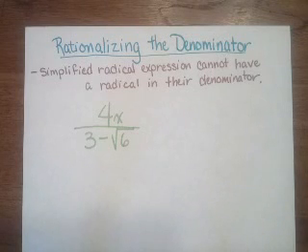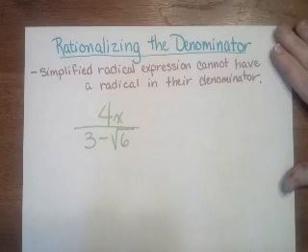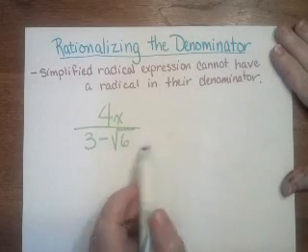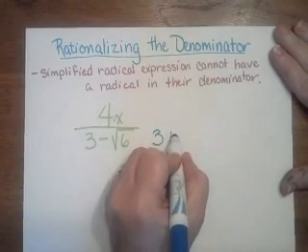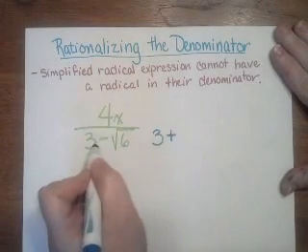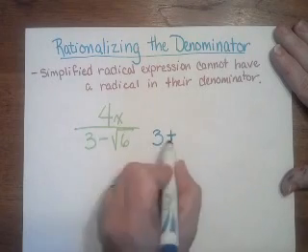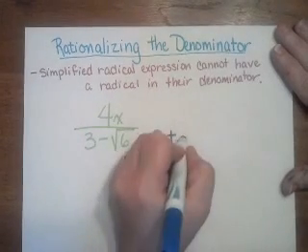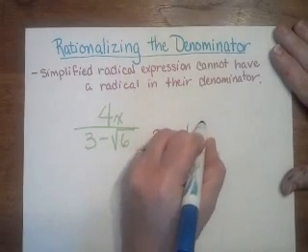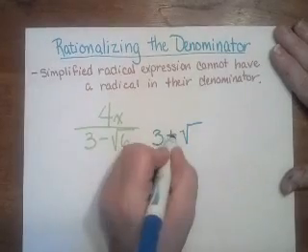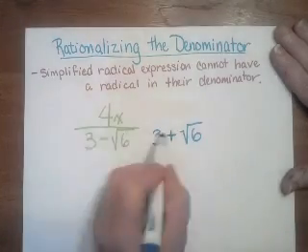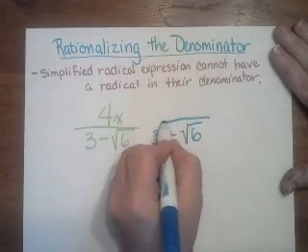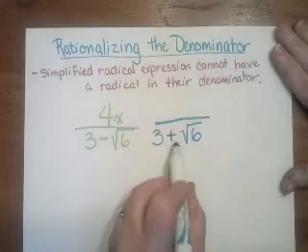So what is the conjugate of 3 minus the square root of 6? Well, the only difference with a conjugate is it has the other sign. This one's a minus, so our conjugate has a plus. If this were a plus, our conjugate would have a minus. So I'm going to multiply by this and hopefully get a rational number.